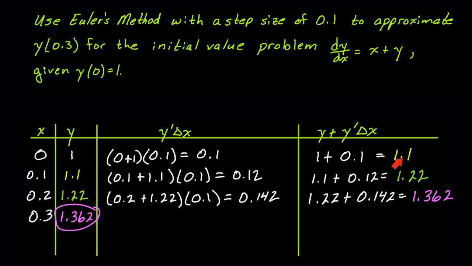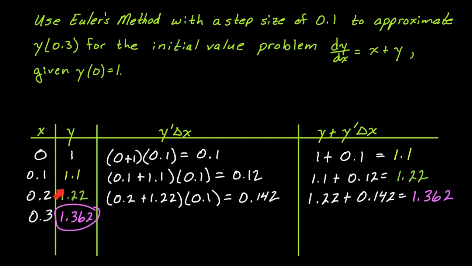This 1.1 now becomes the new y value, and so now we have x plus y, 0.1 plus 1.1. Delta x will stay the same throughout the entire problem, always, and that comes out to 1.2, and then we have y plus y prime delta x, and that comes out to 1.22.